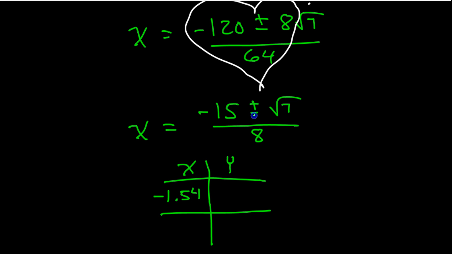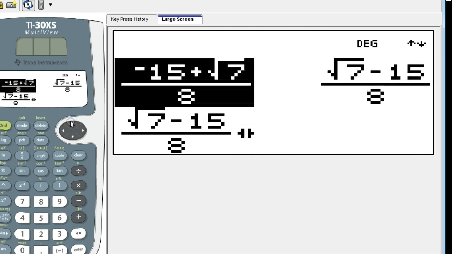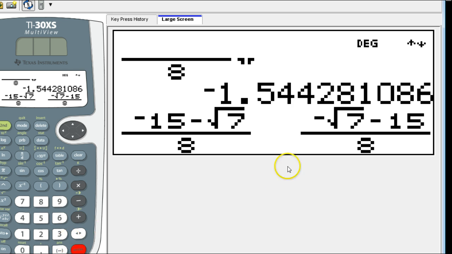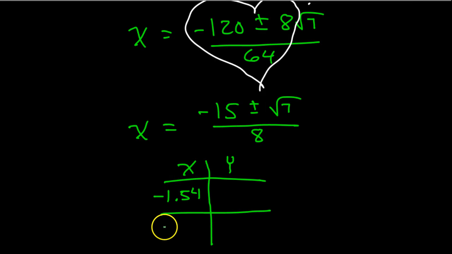Now, if I do the same thing with a minus, then I get negative 2.21. Alright, so these are my two x values. Now I just need to find the y values that go with them.